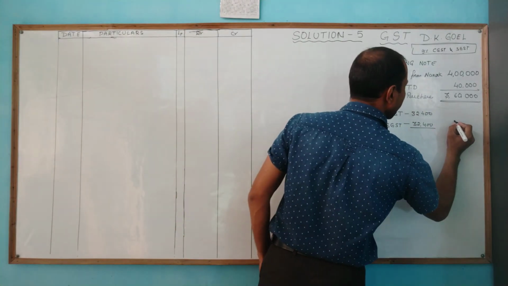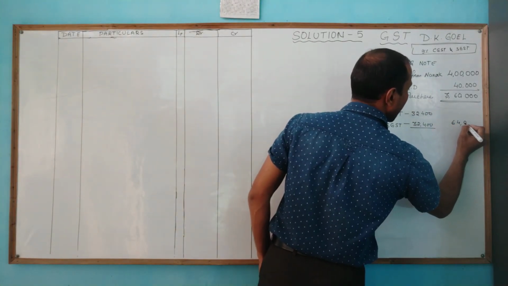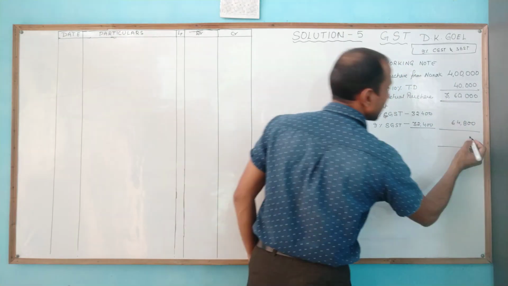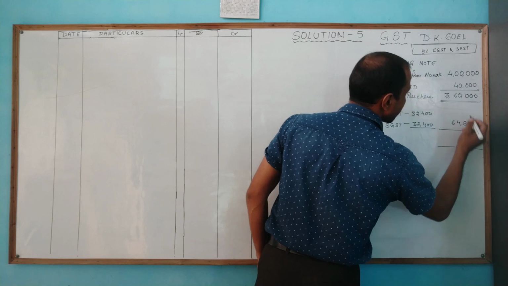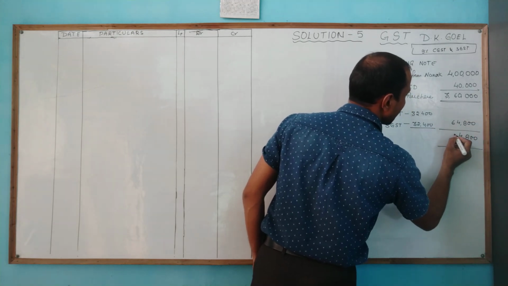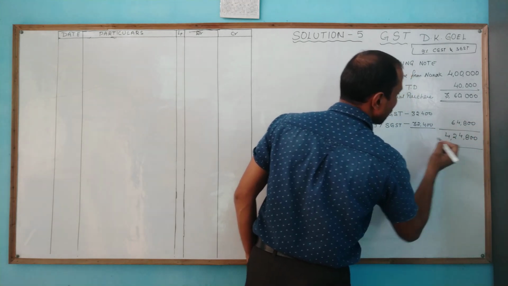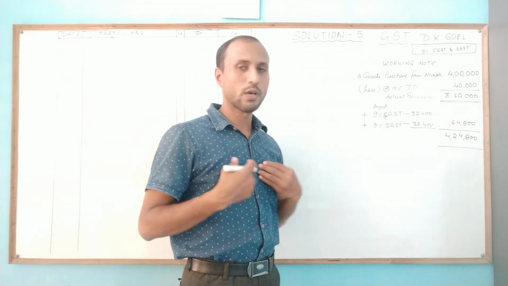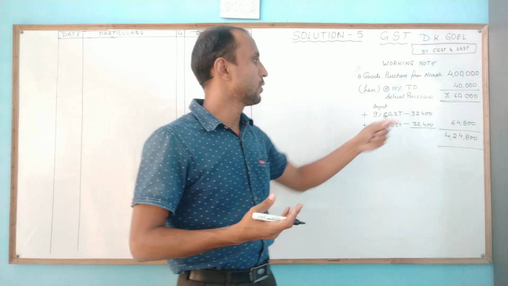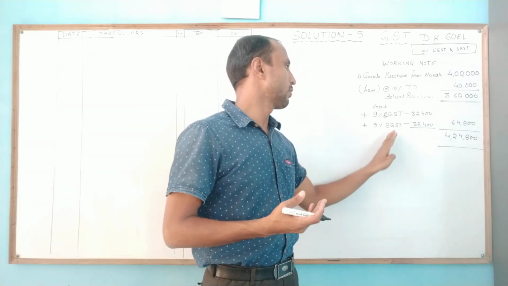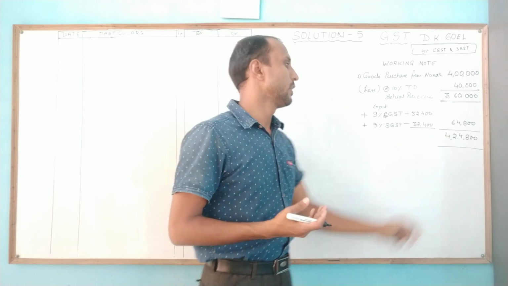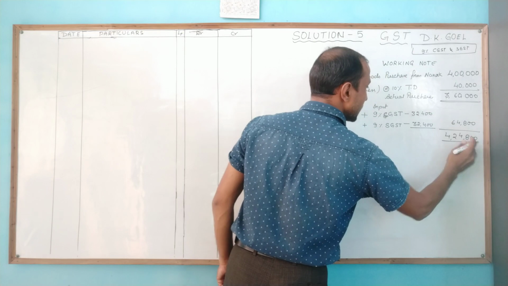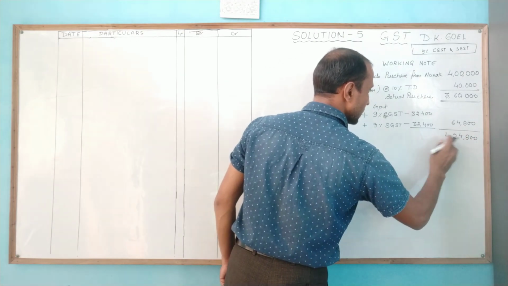It will be 64,800, and the amount, if you add it, will be 4,24,800. This amount is payable for us after purchasing the goods of 3,60,000 including GST inputs. It will be 4,24,800.